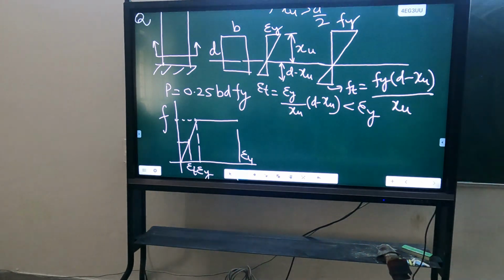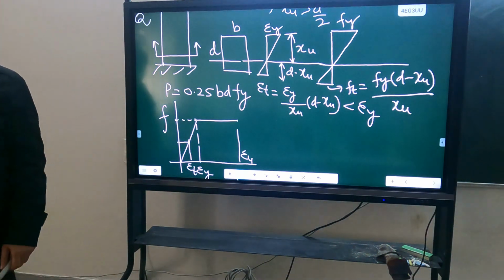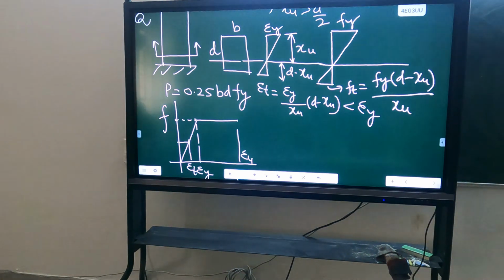If you are applying only axial force, how much will be the strain? Suppose you have applied an axial force so large that the section has yielded under axial force itself. Then it will not be able to take any more moment. We are trying to get the moment when this axial force is already applied.